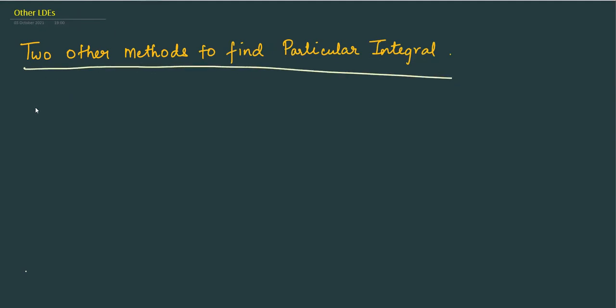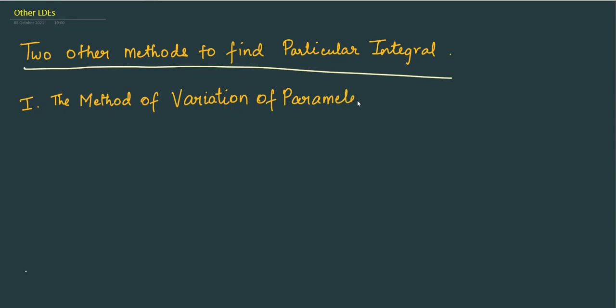This one, a very important one, is the method of variation of parameters.